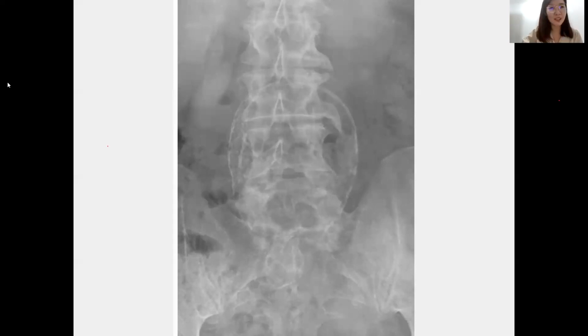Spinal abscess? No, a spine abscess won't show as this calcification. They will always show small opacities. Someone thought it's a bladder mass, but the bladder is further down. This is above the pelvis already. Yes, Sabrina is correct: calcified AAA.